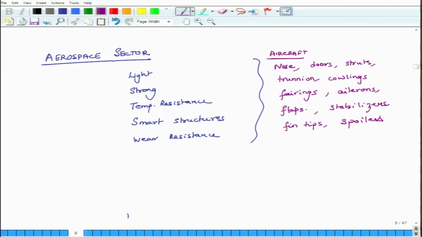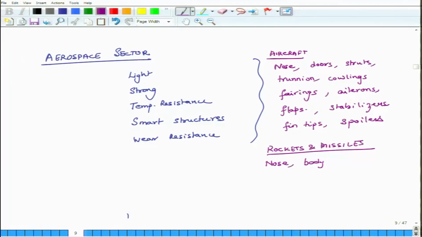But I said aerospace sector. So, another part of the aerospace sector is rockets and missiles. There also composites are used, and actually in these components very highly engineered composites are used. So, a lot of these composites are used in the nose, and in the nose the biggest requirement is temperature resistance, because when a missile enters the atmosphere, it goes up, and while it is going up it gains speed and it slowly reaches very high.